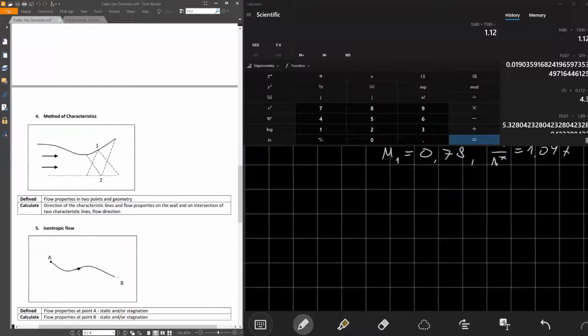Let's go to the method of characteristics. It is the method which allows us to calculate flow properties at some specific points. Here I can propose just one task, because usually the method of characteristics is not that simple as shown inside the Anderson book, especially for planar bodies.